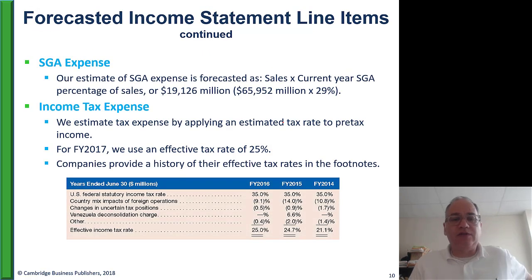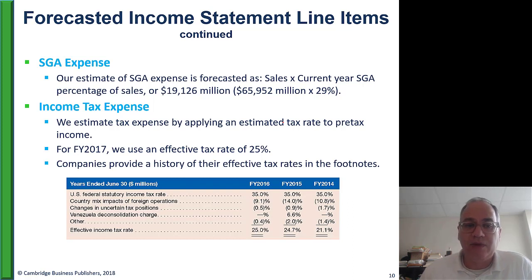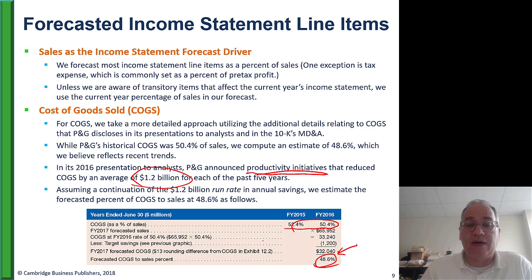Income tax expense is going to be the effective tax rate times the income before taxes. So you can see that over the past few years, 2014 it was 21.1%, 2015 24.7%, 2016 it was 25%. So let's just assume the tax rate continues at 25%.